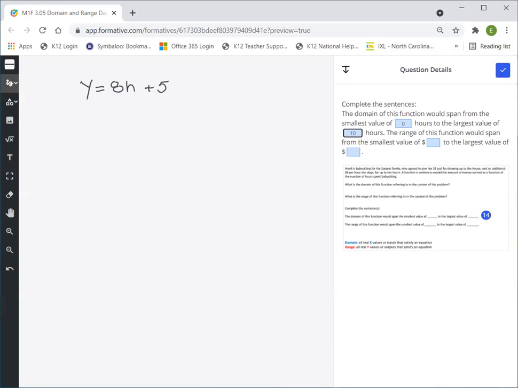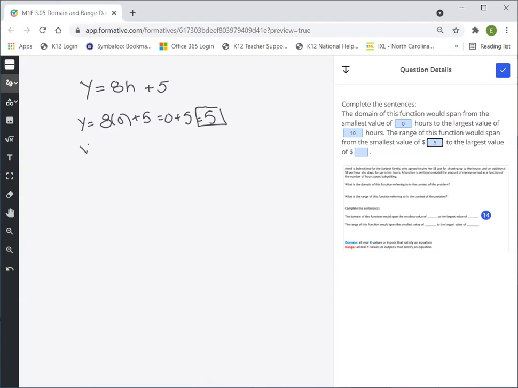And then the smallest amount of money she can make: we want to plug 0 into our function. So that'd be 8 times 0 plus 5. 0 times 8 is 0, plus 5 would be $5. So if she just shows up, she gets $5.